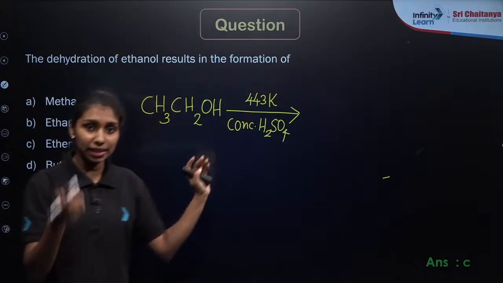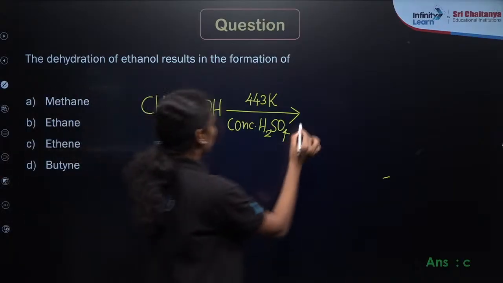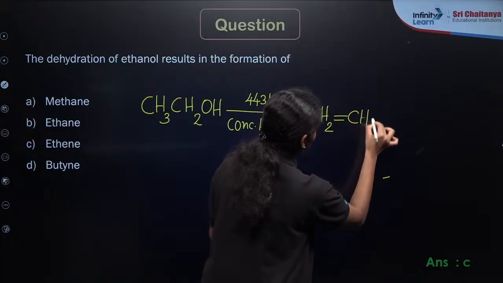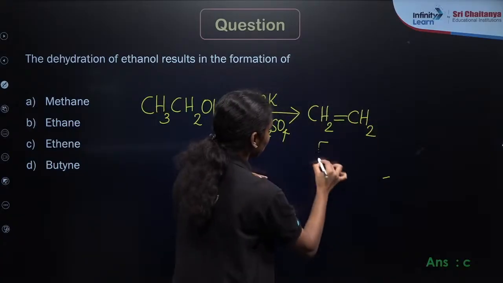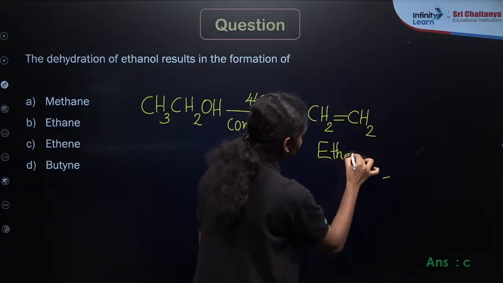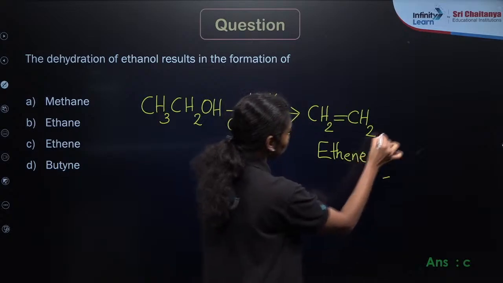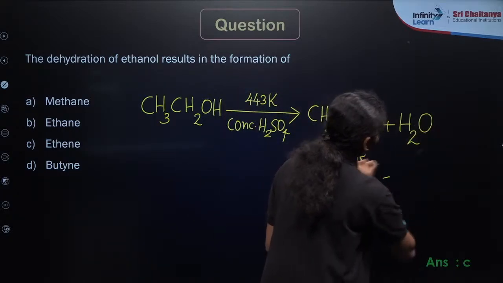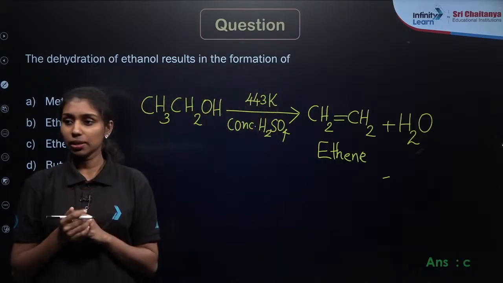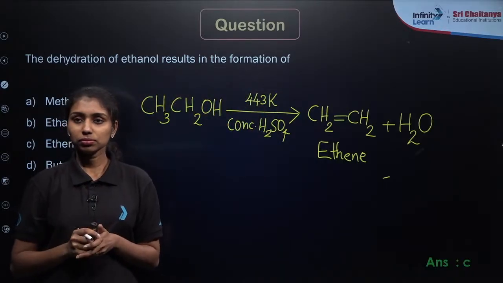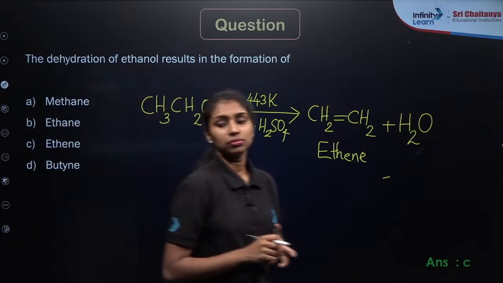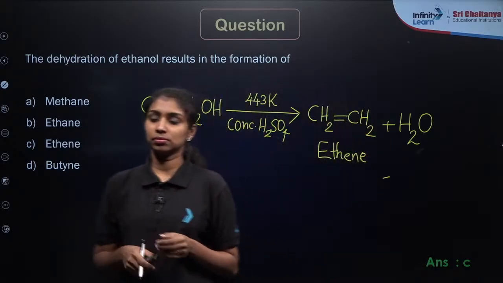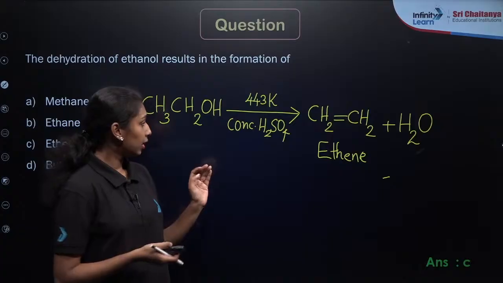That is the dehydration process, to form CH2=CH2, a double bonded carbon compound. This is an alkene, with the name ethene because two carbon atoms are present here, right? So, ethene plus water is the product, with water as the byproduct of this reaction. Clear? Is there any doubt?